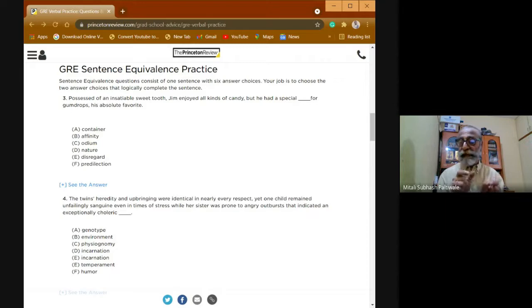That means there is a difference in temperament. Second is humor. Humor is the right answer because 99 twins out of 100 will always be identical in all respects, physical, excepting sometimes the mental status.